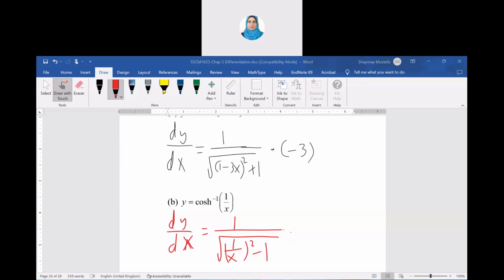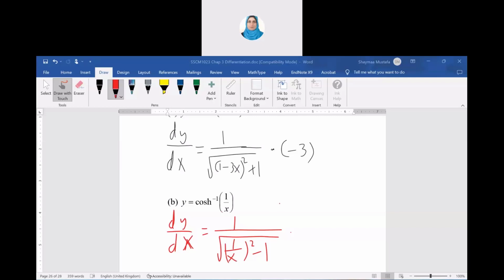How can we find it? Is the derivative for 1 over x equal to ln x? Some answers say ln x, some say minus 1 over x squared. Okay, 1 over x is not equal to ln x.